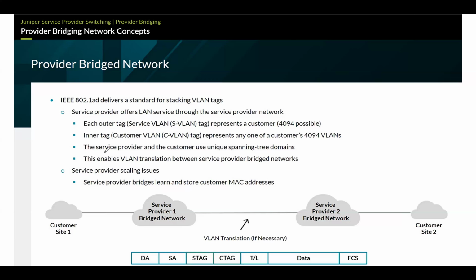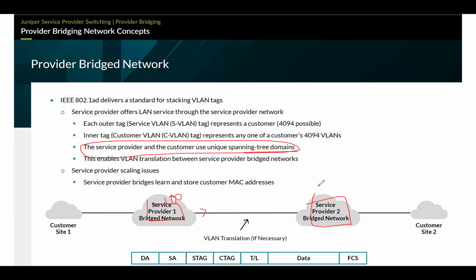Here, the service provider and the customer use unique spanning tree domains. Okay, this enables VLAN translation between service provider bridge networks. So consider here, service provider 1 uses VLAN 100. This is a trunk port. You allow this VLAN.